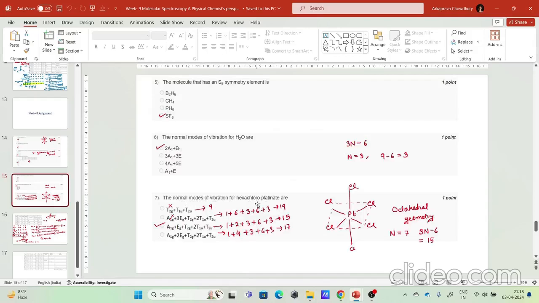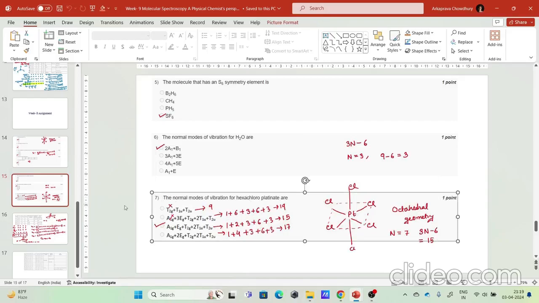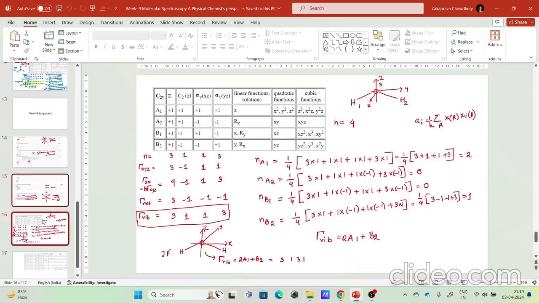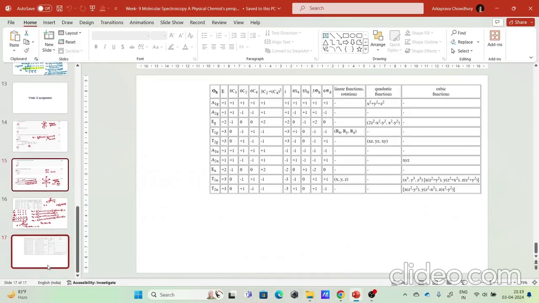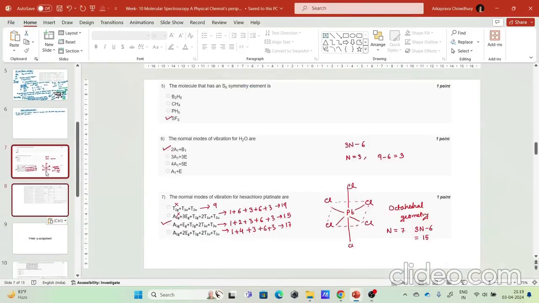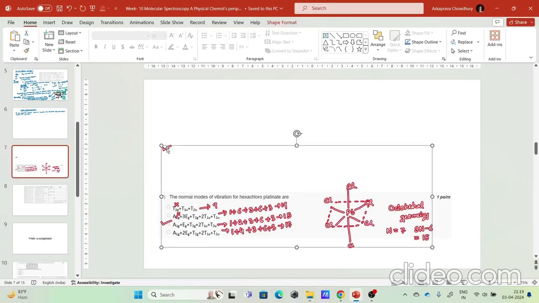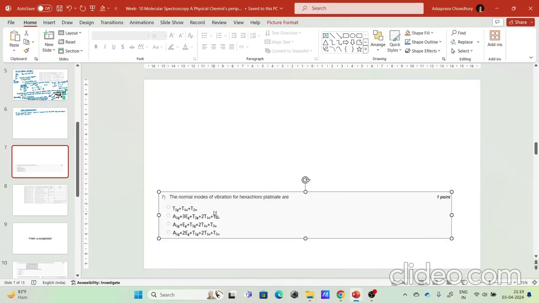Hexachloroplatinate, right? So I'll just quickly copy this.